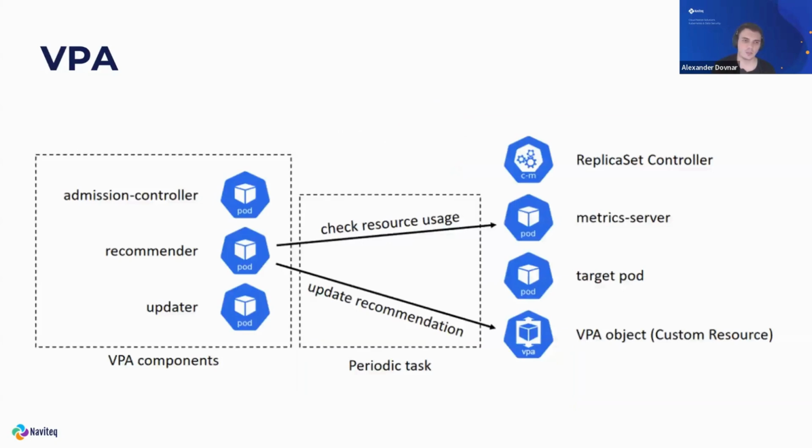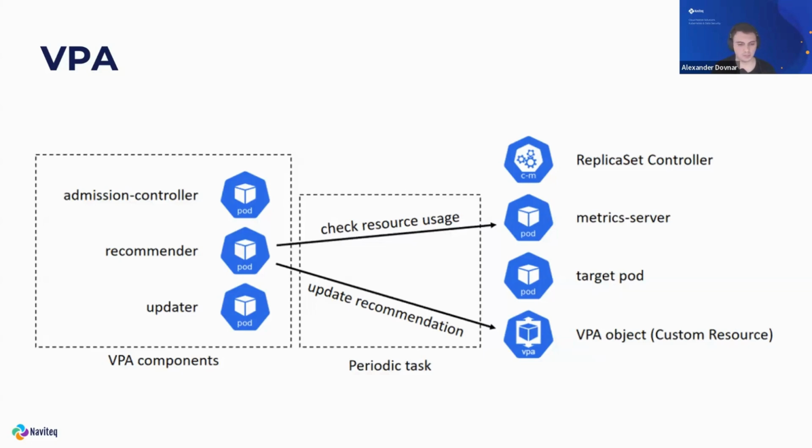So the next thing we will talk about today is the vertical pod autoscaler, which works slightly differently. It analyzes usage over some historical time frame and suggests new requests and limits for your pod from a CPU and memory point of view. It's some kind of intelligent right-sizing tool which can be installed additionally into Kubernetes.